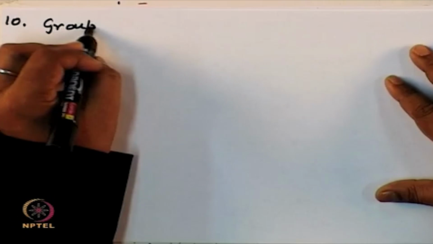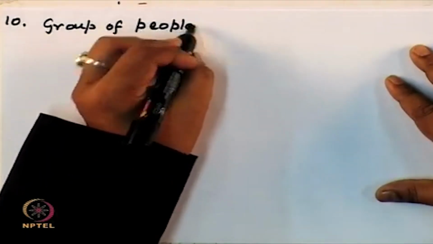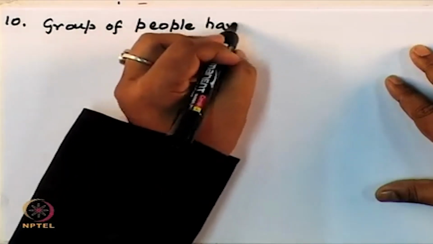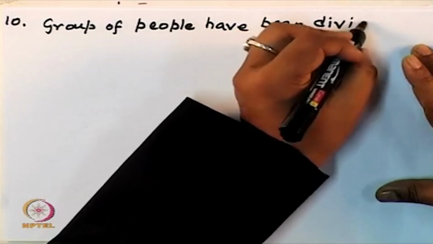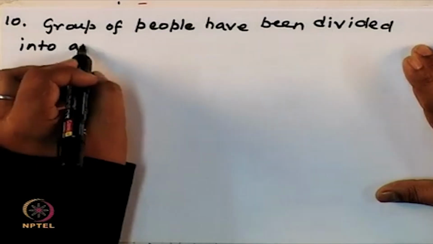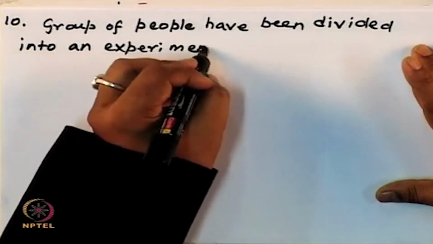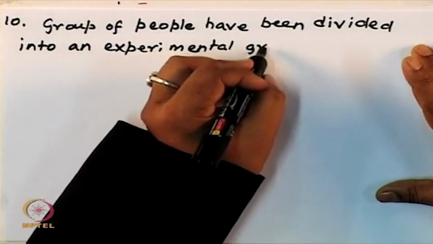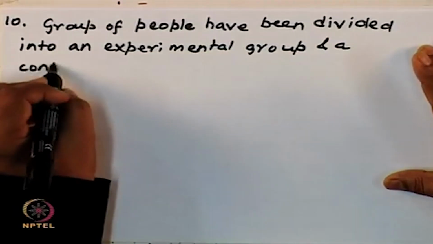So, imagine that a group of people have been divided into an experimental group and a control group.